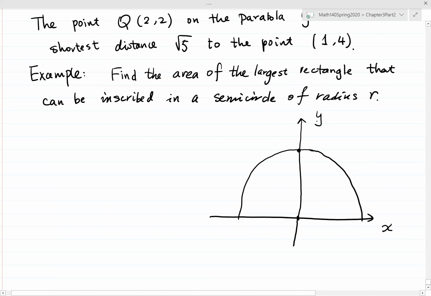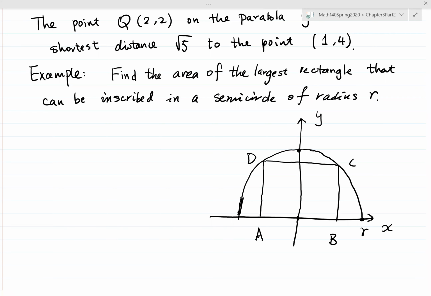Now inscribe a rectangle. So this is a rectangle ABCD in the semicircle of radius r. Here this point is r. Then we find the area of the rectangle.